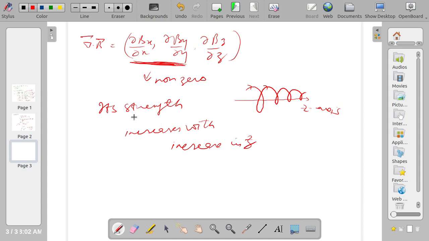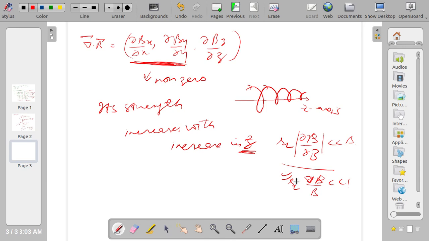Now if I am considering the z-axis case, then curly B over curly z must be less than or equal to B. This I have taken from the condition that del B over B is less than or equal to 1, because here I am considering the increase only along this, and these two terms are non-zero, meaning these two terms are constant.